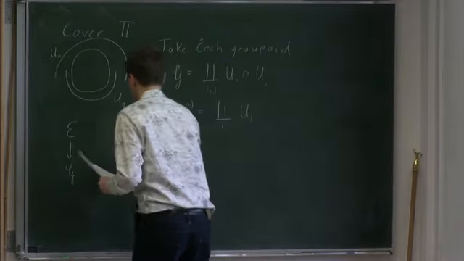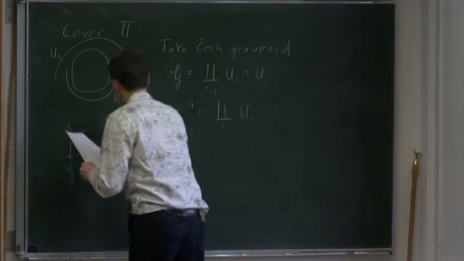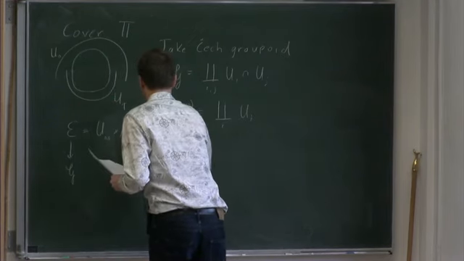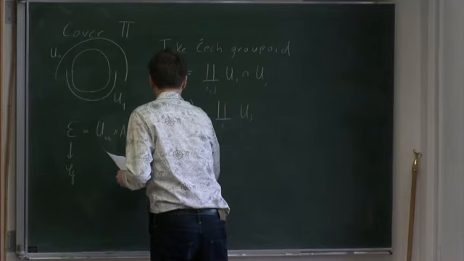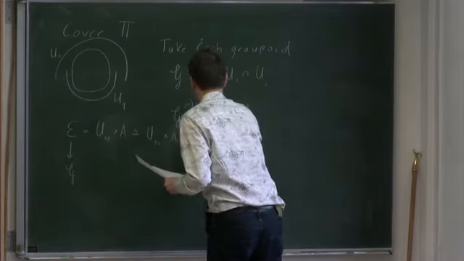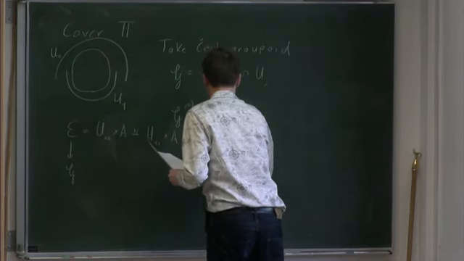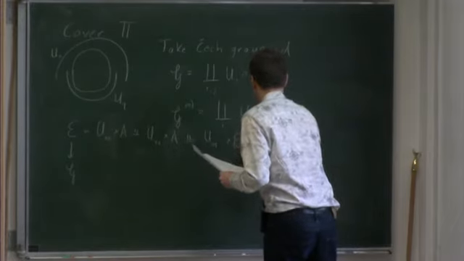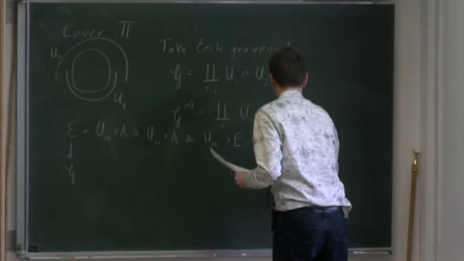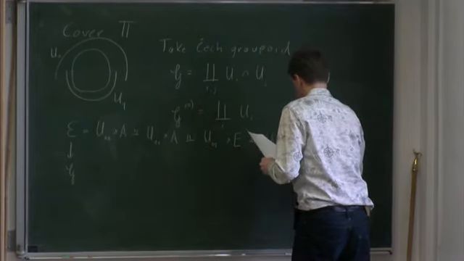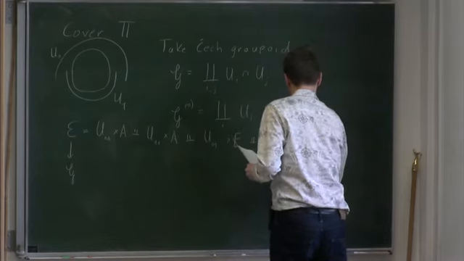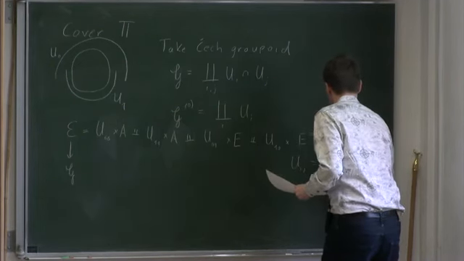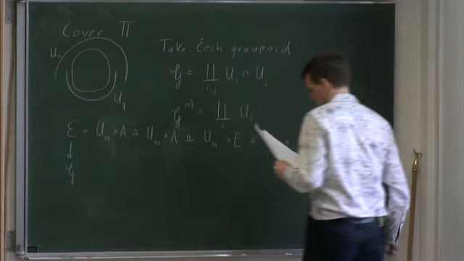And I have a Fell bundle E over G just by mimicking what I did with the linking algebra. So I define E to be A over U00, and over U11 I also take A, and over U01 I take E, and over U10 I take E op, where U_ij is the intersection of U_i with U_j.